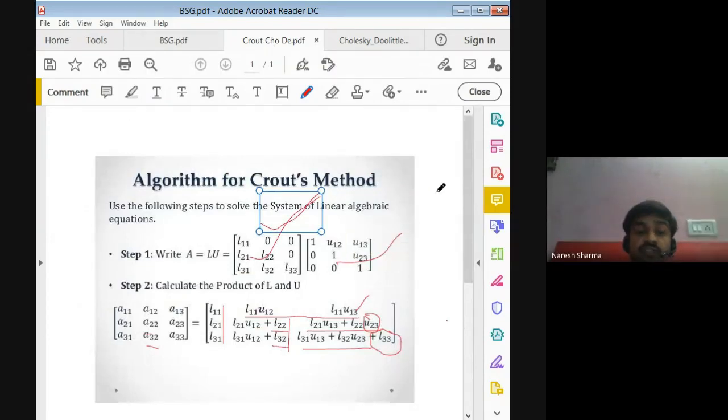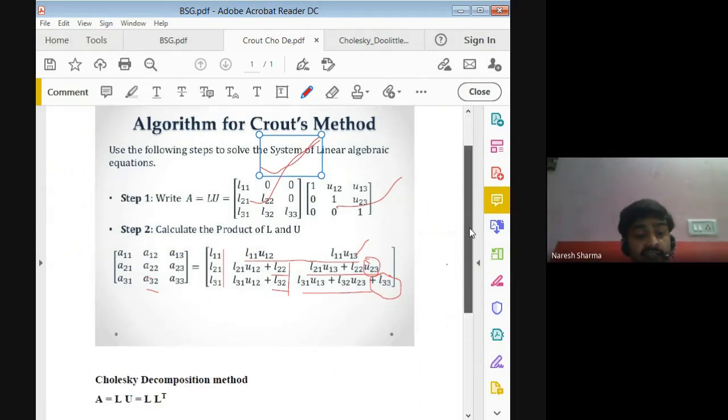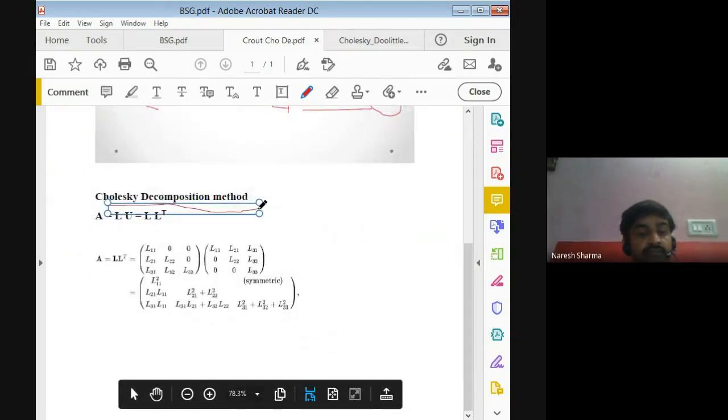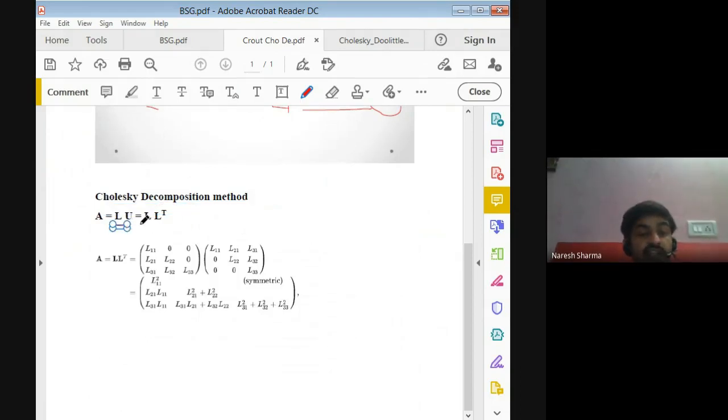One more decomposition we have is called Cholesky decomposition, which is also similar to these two. Just a slight difference is that in Cholesky decomposition, your A matrix can be written as a lower and upper triangular matrix, but here your upper triangular matrix is just the transpose of your lower matrix. So this can be written as this lower triangular matrix, and its transpose is this one.